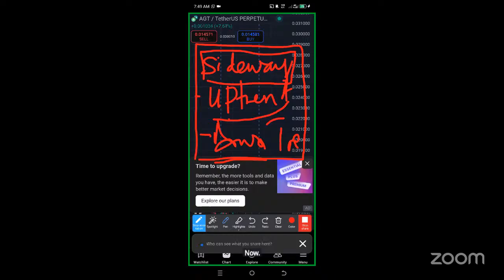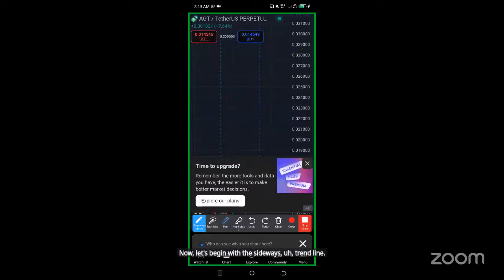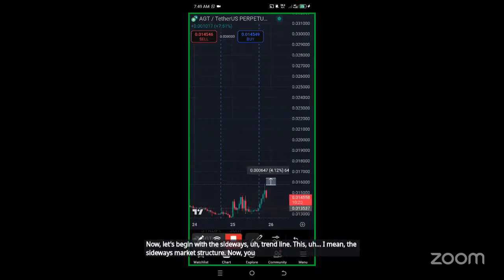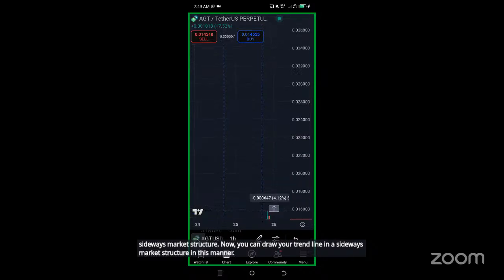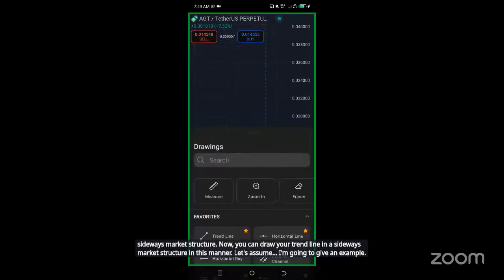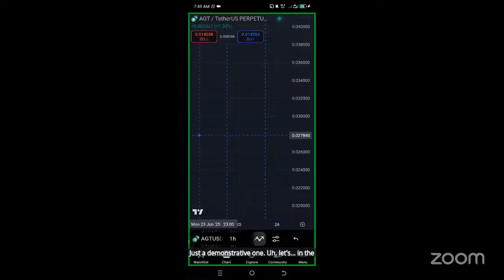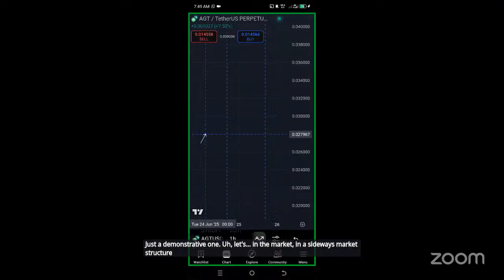Now, let's begin with the sideways trend line. The sideways market structure. Now, you can draw your trend line in a sideways market structure in this manner. Let's assume, I'm going to give an example, just a demonstrative one. In a sideways market structure, we tend to have this kind of movement.